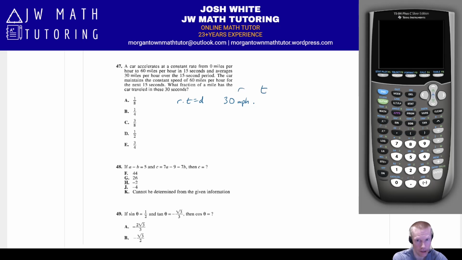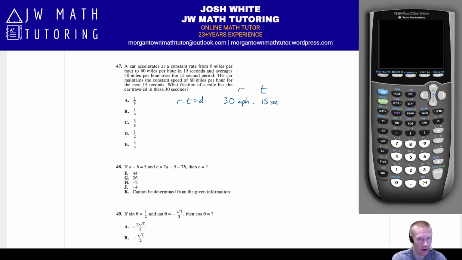We're going to multiply it by the time, which is 15 seconds. Now, here's the problem. The rate is in miles per hour, but the time is in seconds. So we have different units.